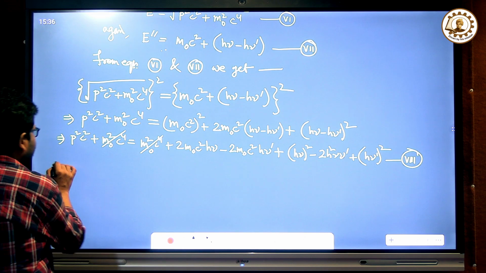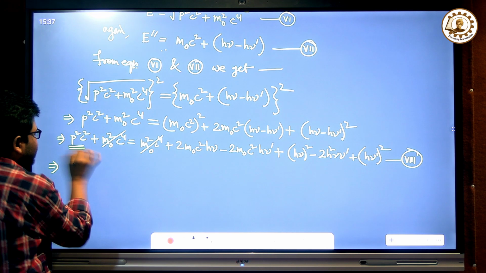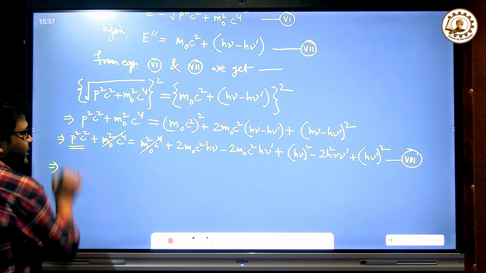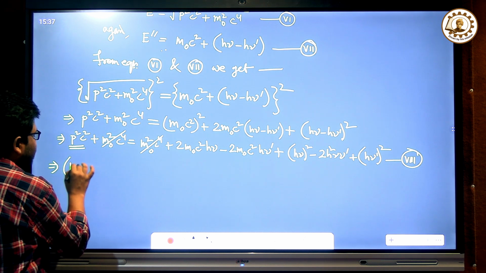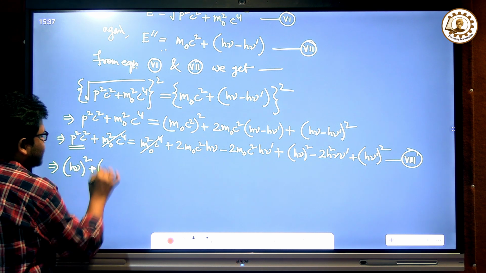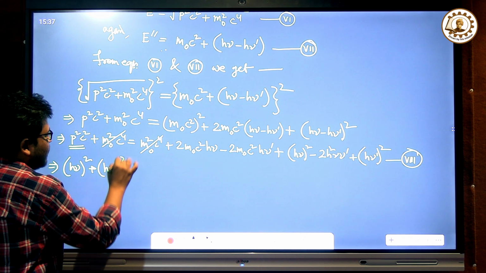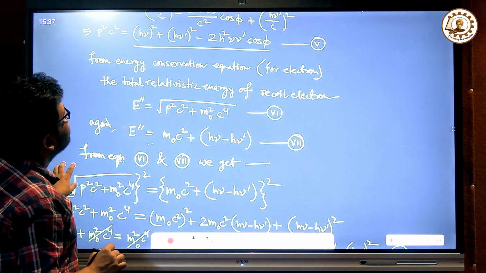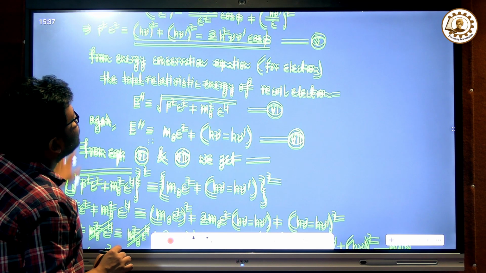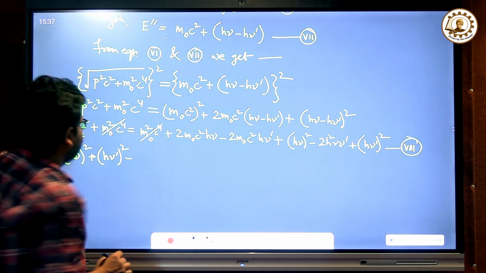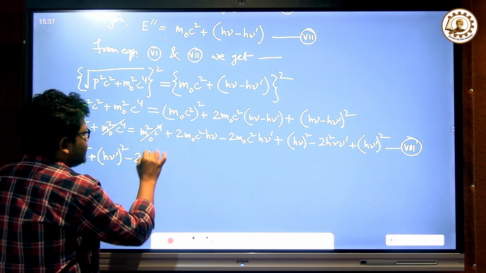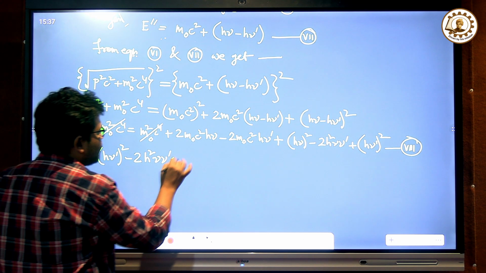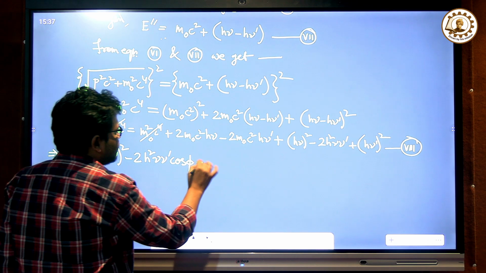From equation number 5 we have p square c square, which can also be written as (h nu) whole square plus (h nu prime) whole square minus 2 h square nu nu prime cos phi.